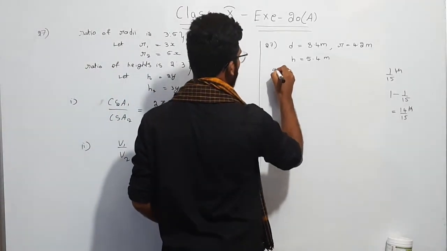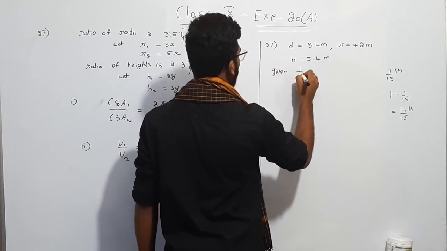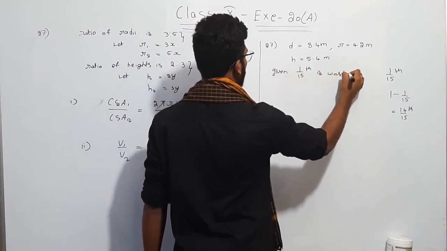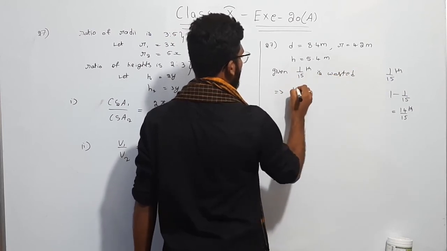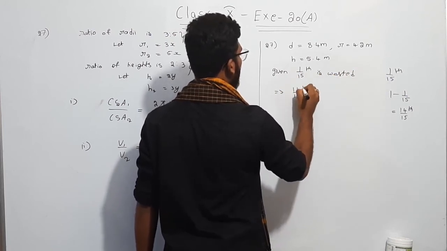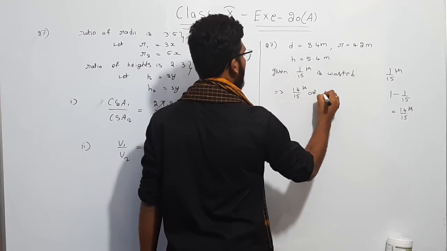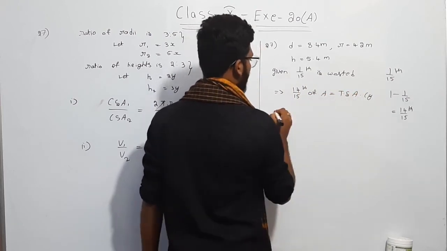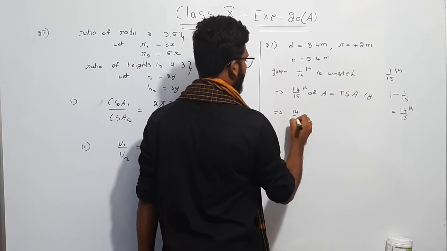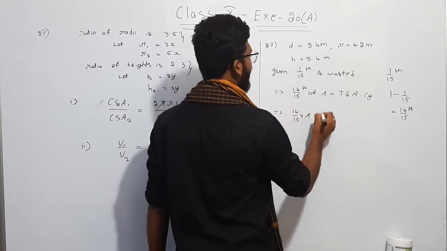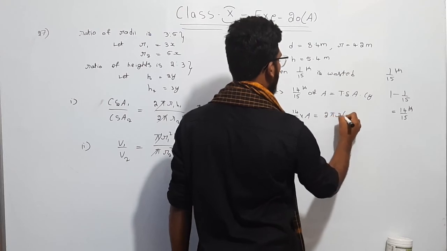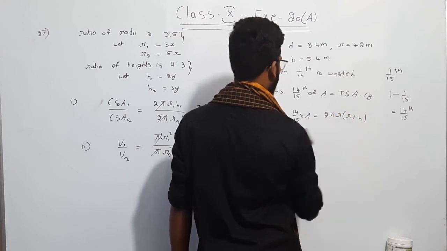So given 1 by 15th is wasted, so what will it become? 14 by 15th part of the area is equal to the total surface area of the cylinder, right? So 14 by 15 into area of the sheet is equal to the total surface area, which is 2 pi r into r plus h, right?